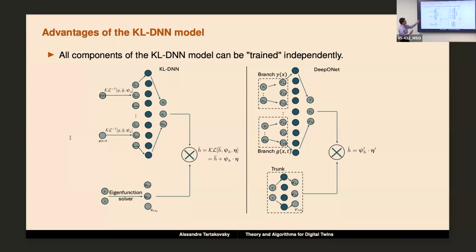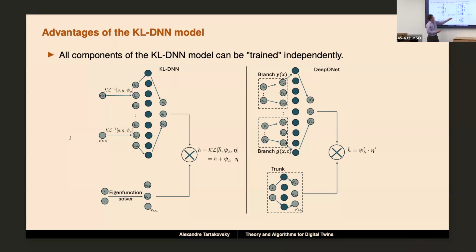Okay? So in our approach, we can compute the eigenfunctions of H, which is equivalent to the output of the trunk, independently by solving an eigenvalue problem for the covariance of H. This is a pre-processing step.